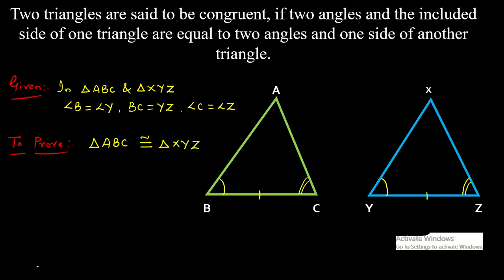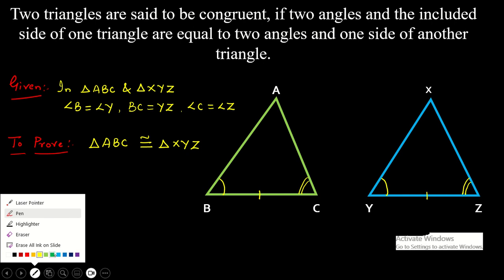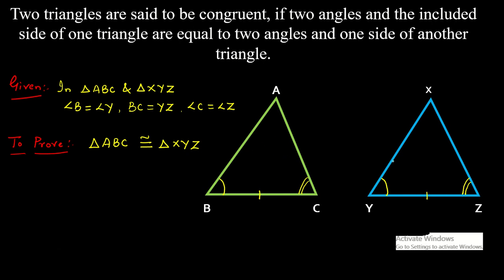Now, in order to prove that triangle ABC is congruent to triangle XYZ, we have the result of the SAS congruence criterion, which says that two triangles are congruent if two sides and the included angle of one triangle are equal to two sides and the included angle of another triangle. Here it is given that angle B is equal to angle Y, angle C is equal to angle Z, and BC is equal to YZ.